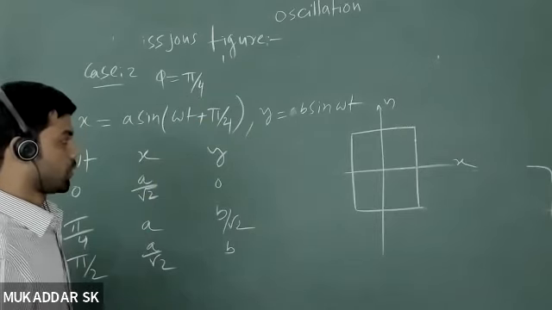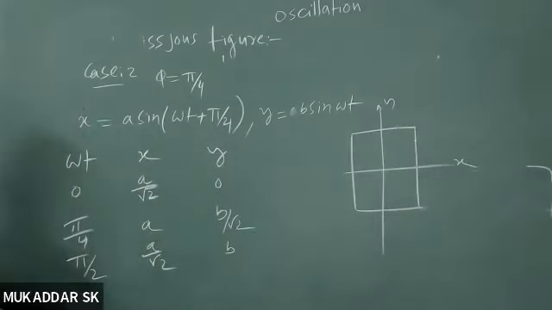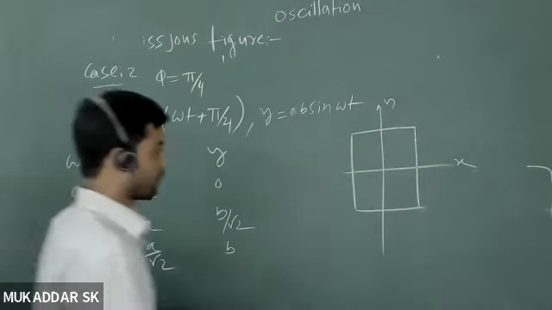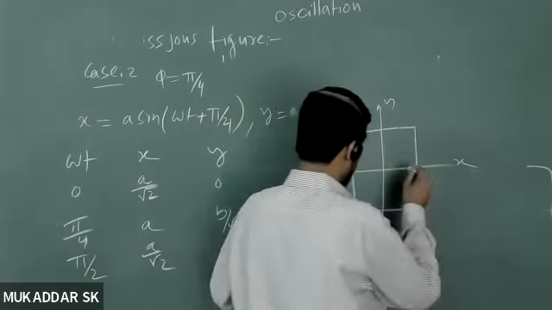Yes, sir. Okay. Now if you take more points here, if you further increase the time, you can increase to 3 pi by 4, then pi, and so on. If you note all these points, you will get the trajectory of the particle.